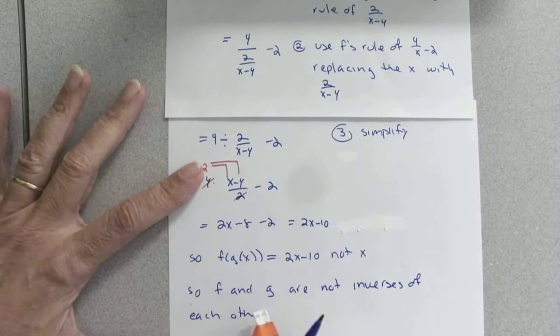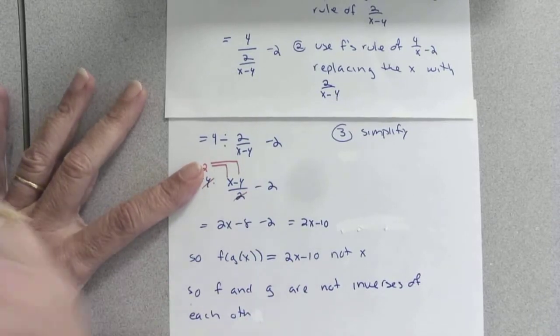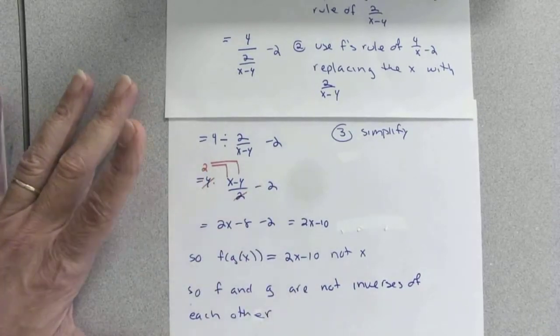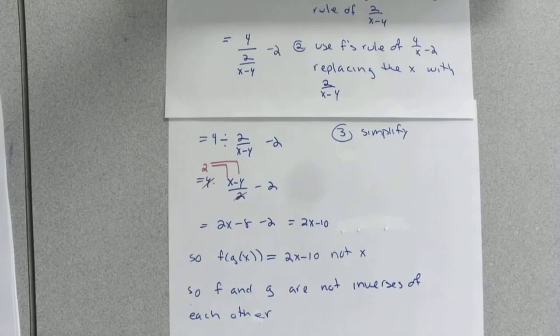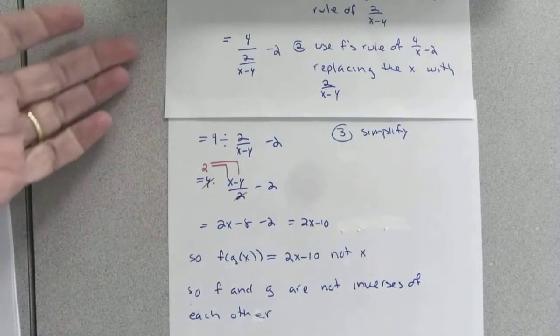Now we're going to go ahead and get the other composition just for the practice. But if all you wanted to know was, are these guys inverses, you now know they're not, because that didn't turn out to be x.